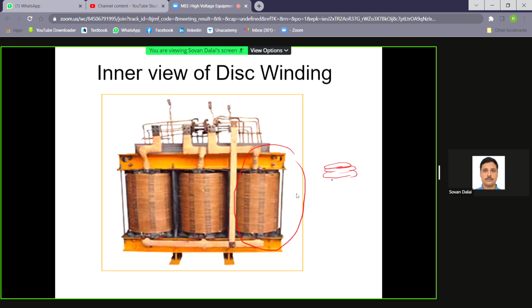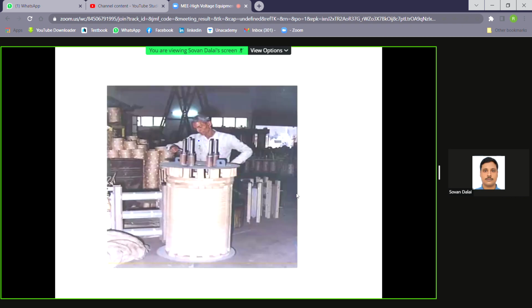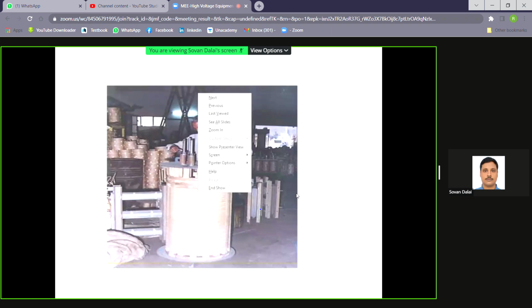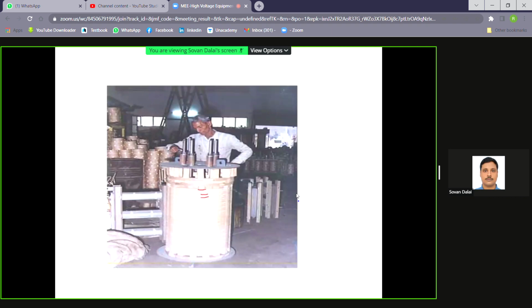In that way it consists of several discs. This one is one disc, and this is another disc. The cylindrical winding consists of several discs like that. Is it clear?